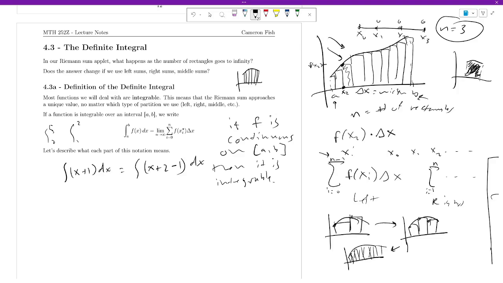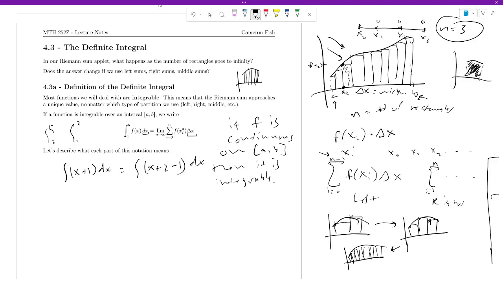That is how people were first thinking about this historically. It took a couple hundred years to figure out all this limit stuff to make it make sense. People were originally thinking about it in terms of an infinitely thin rectangle. Since delta x was the width of one finite rectangle, they imagined maybe dx is the width of an infinitely thin rectangle.